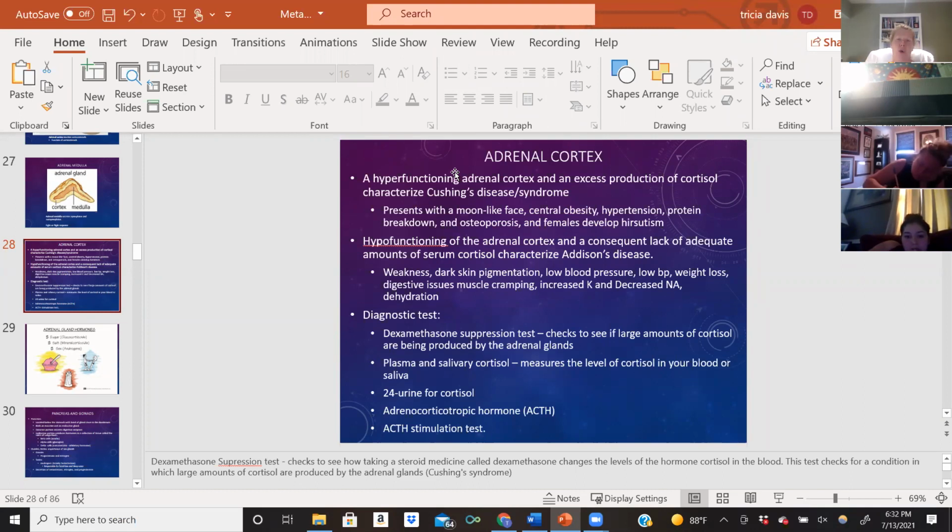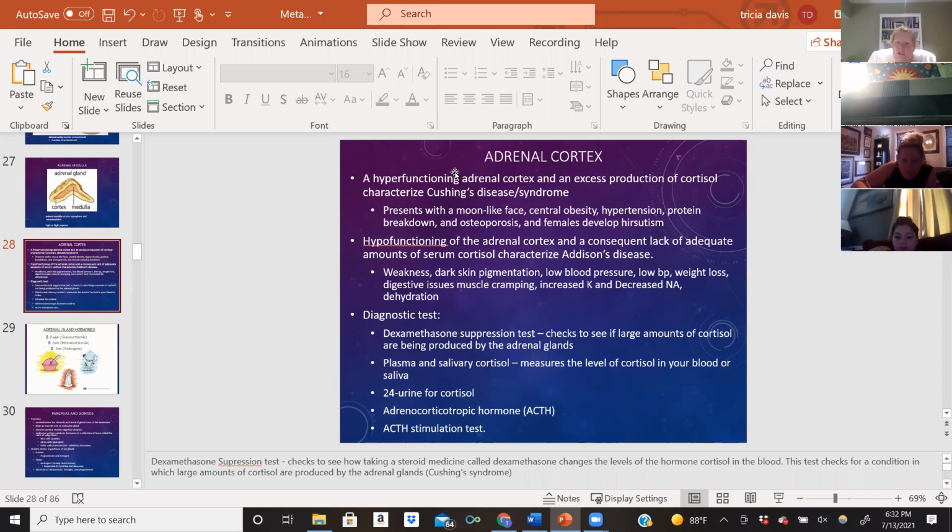These patients will present with a moon-like face. So their face is going to be very round, very edematous, very chubby. They're going to have central obesity. So usually their arms and their legs will be skinny, but their mid part will be very heavy. They can also have hypertension. We're going to see protein breakdown in their body faster than it should be.